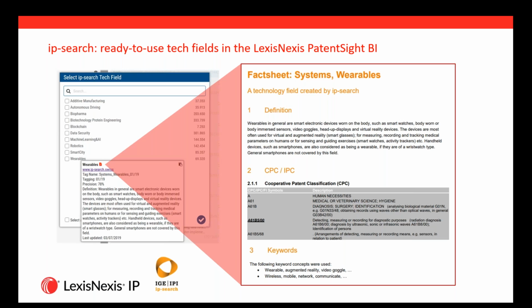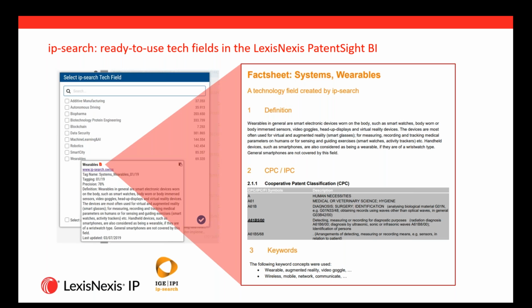If you click on the small red symbol, you open up a fact sheet which describes more in depth the technology field and how it was created, say through a combination of classes and keywords. For this, we have at our disposal all of the most popular search tools available on the market.